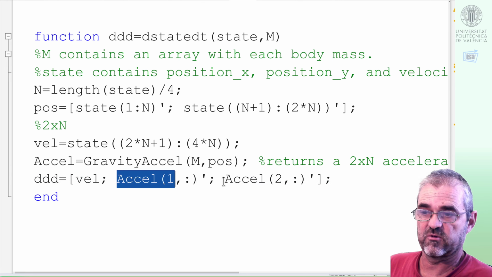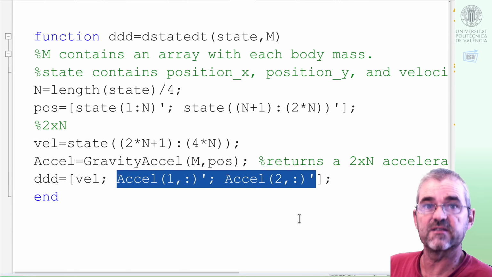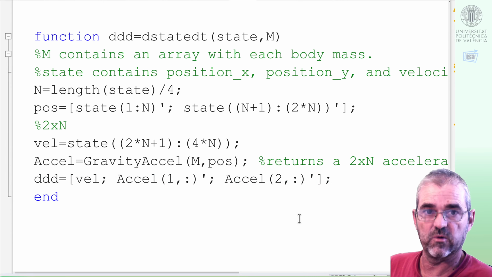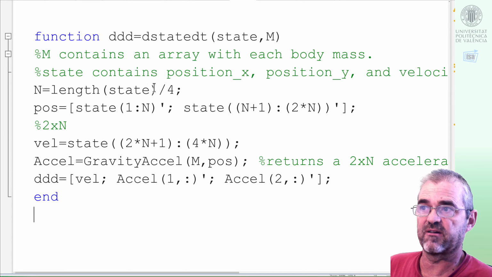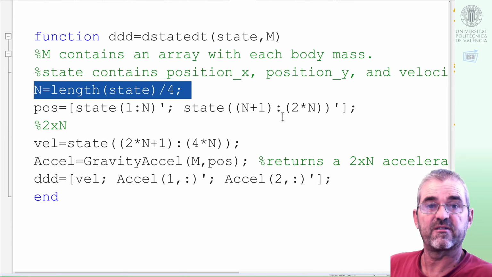And I will have the accelerations in the x-coordinate and the accelerations in the y-coordinate separated. So good, let's now delve into the prior lines. If I have 5 bodies, I have 5 positions and 5 speeds, each of them with x, y coordinates. So I have 20 state variables.